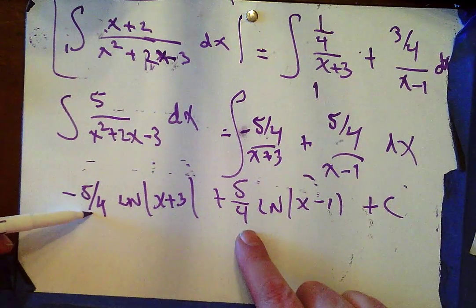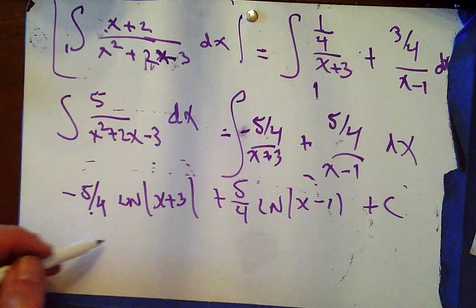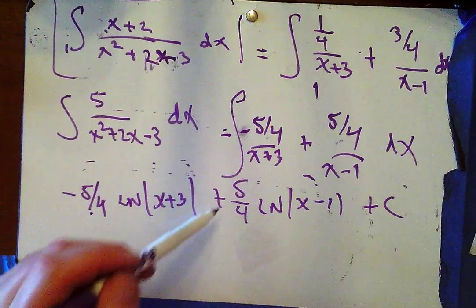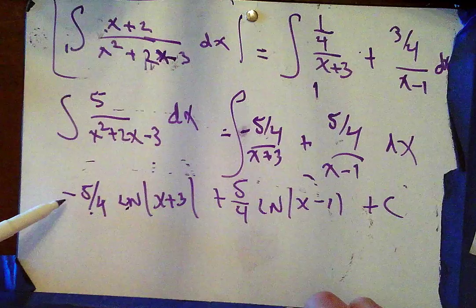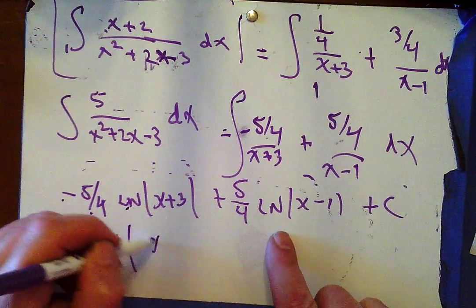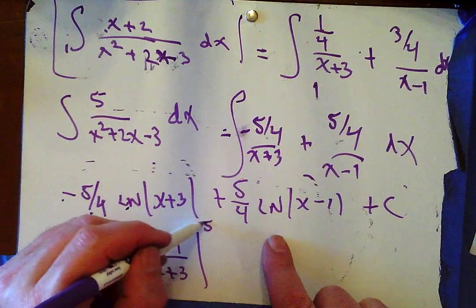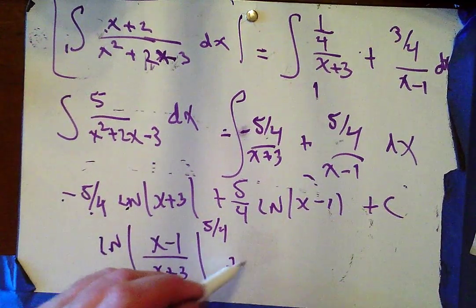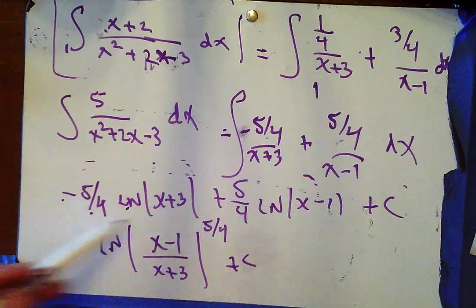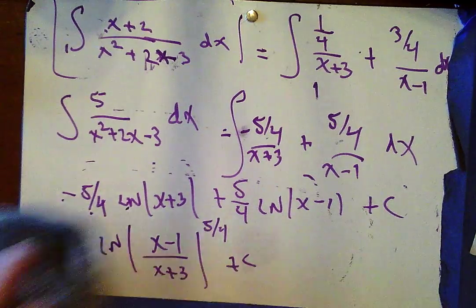So I got these things. And, you know, I can actually understand this as, oh, look, 2 logs joined with subtraction. So I can rewrite that as this over this, all raised to the 5/4. That's my multiple choice answer. This is fine for free response.